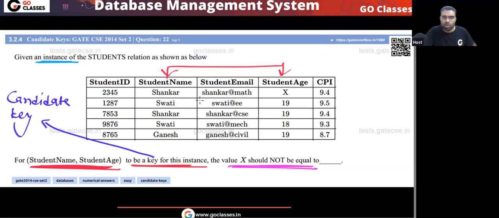Even if you take it as primary key, super key, or candidate key, in this question, it will not matter. You can assume primary key, candidate key, or super key.